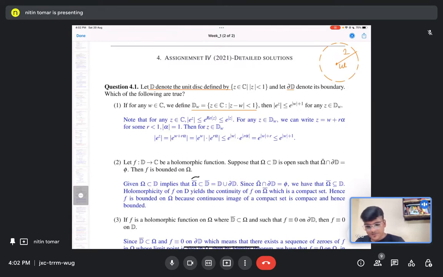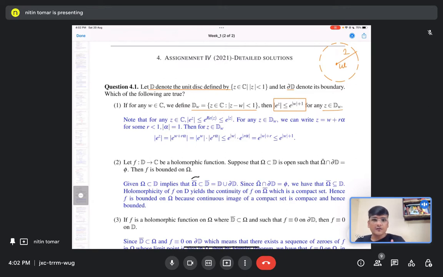So the question being asked is about the following inequality, whether or not this inequality holds: mod of e^z is less than or equal to e^(mod w plus 1) for all z in D_w.